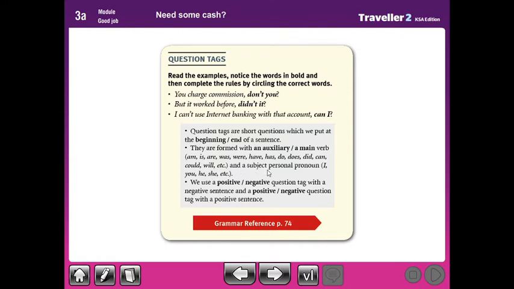We can't use a noun. We use a pronoun like I, he, she, it, they, we, you. We can't use a name like Ahmed, Muhammad, Yasir. We use a positive question tag with a negative sentence and a negative question tag with a positive sentence.